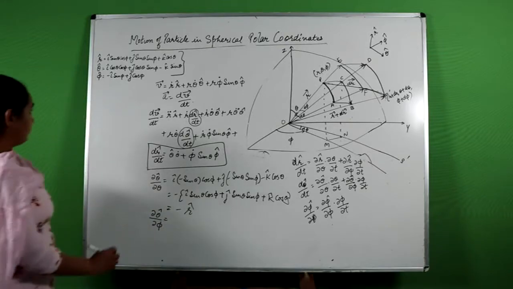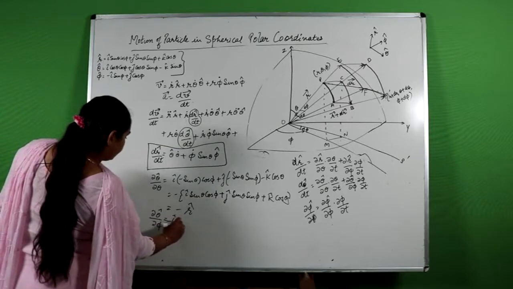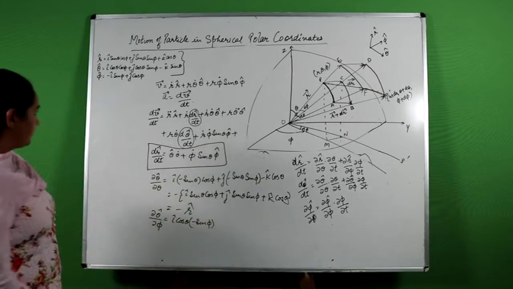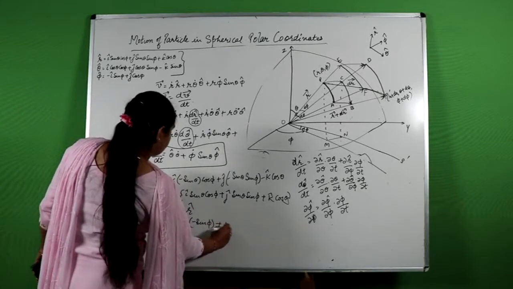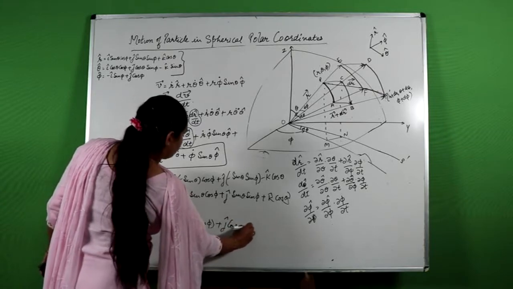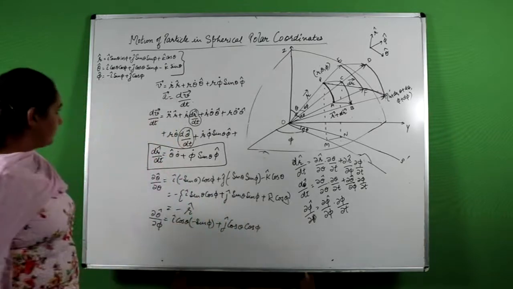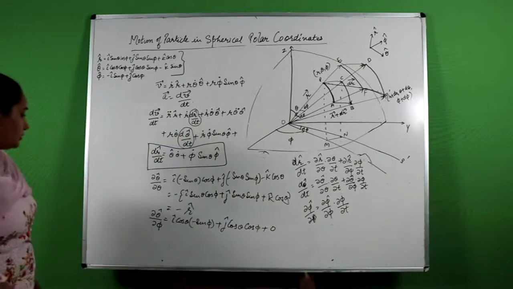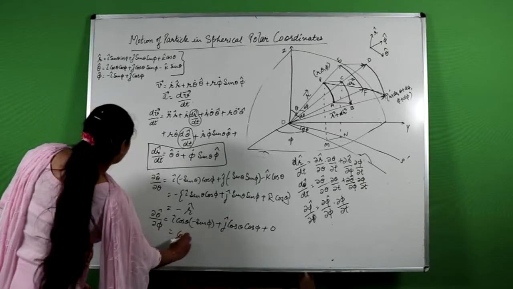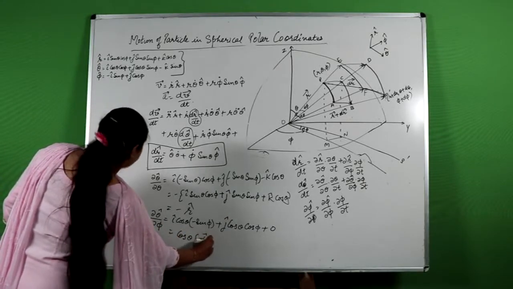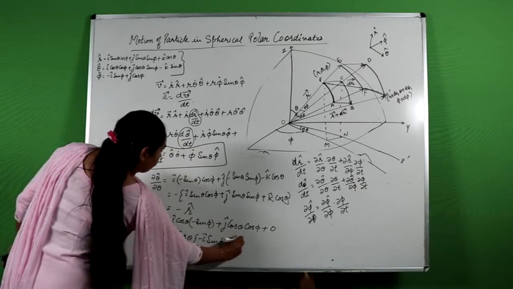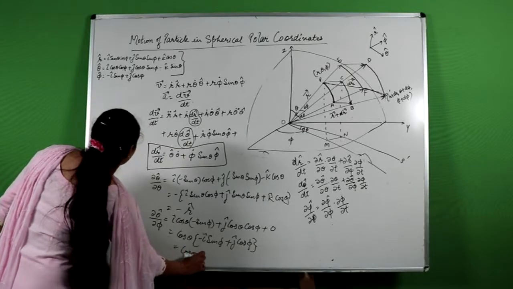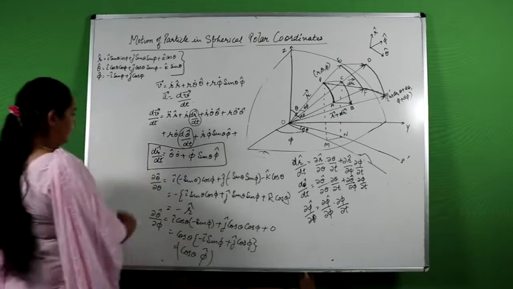Now to calculate ∂theta cap by ∂phi. ∂theta cap by ∂phi will give me i cap cos theta minus sin phi plus j cap cos theta cos phi. This is 0. So if I take cos theta common, minus i cap sin phi plus j cap cos phi. So this will give me cos theta into phi cap.